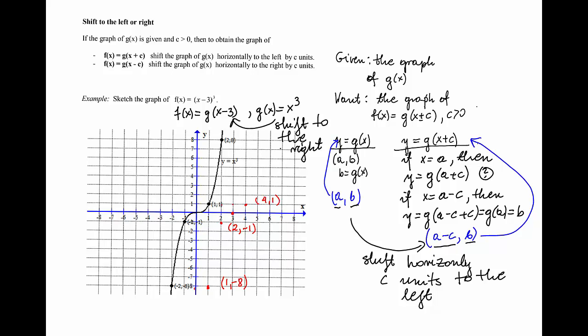And the point (2, 8) moved 3 units to the right will be at the point (5, 8). The graph will remain the same. This is just a shift to the right, so I will draw the same shape going through those points, and the graph just changes position. And this is the graph of (x minus 3) cubed.